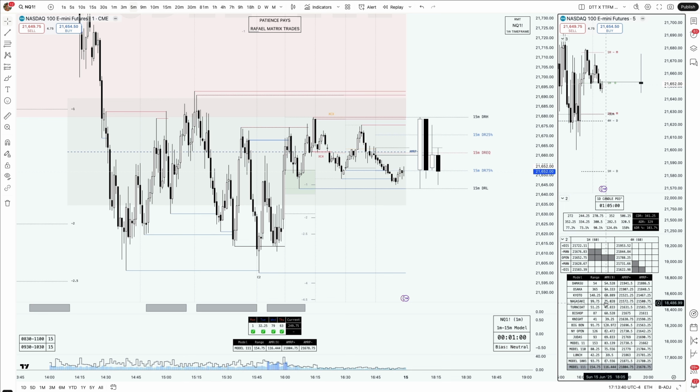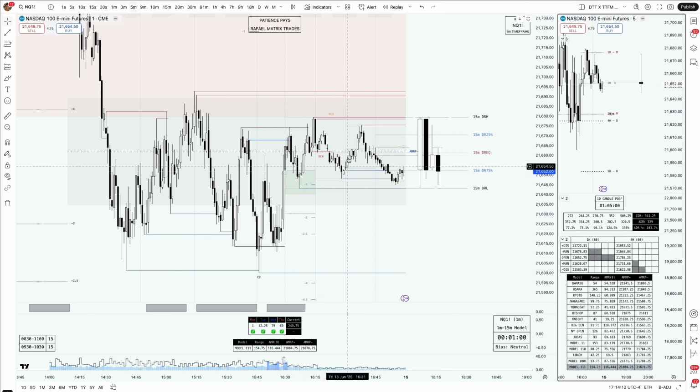There is also the table of all DTT models. Here we have the current one and all the models, so you can see the range, the MPR levels, and which fractal model is used, the 1 minute 15 minute model. And here the levels of the session step map that I'm using, in this case 8:30 to 11, 9:30 to 10:30.